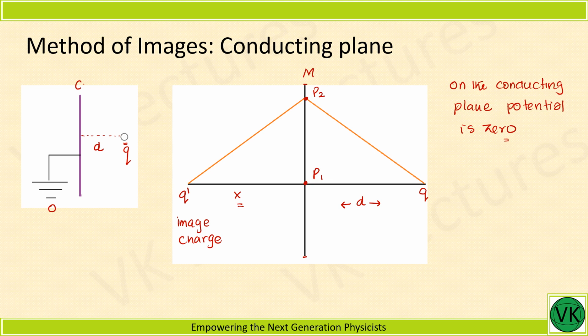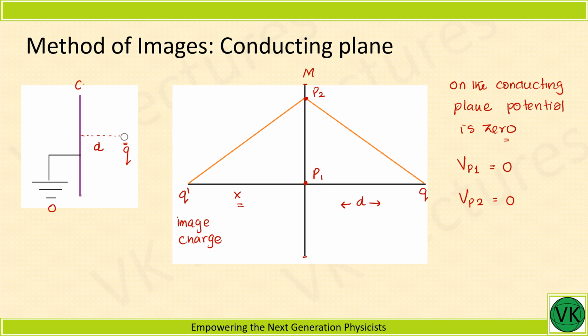So let's call this VP1, that is the potential at P1 is 0 and the potential at P2 is 0. Solving these two equations, finding out the potential value and equating, we will get the values of X and Q dash.